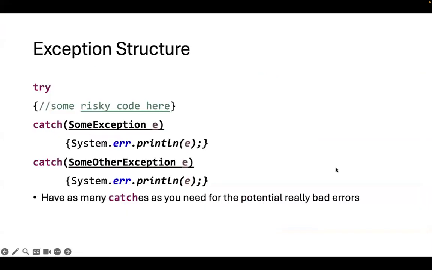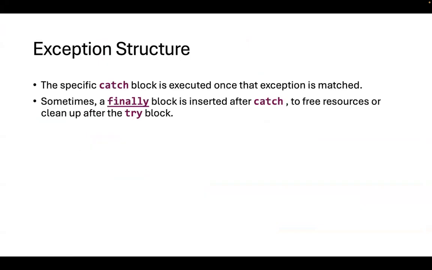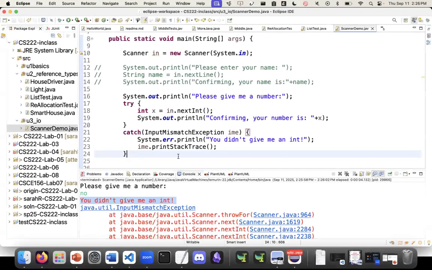We don't have to have only one catch. If other exceptions could happen, we can have those. And we'll also probably need a finally block. After this code executes, regardless of try or catch, we need a finally block.